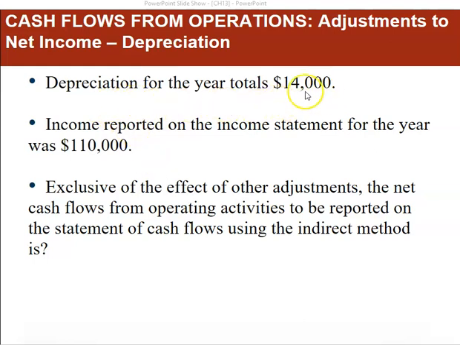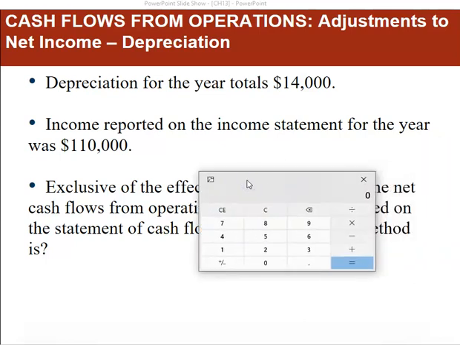Depreciation for the year totals $14,000. Income reported on the income statement was $110,000, exclusive of other adjustments. What happens? Well, this $14,000 in depreciation was a deduction to net income, but it's also a non-cash expense.